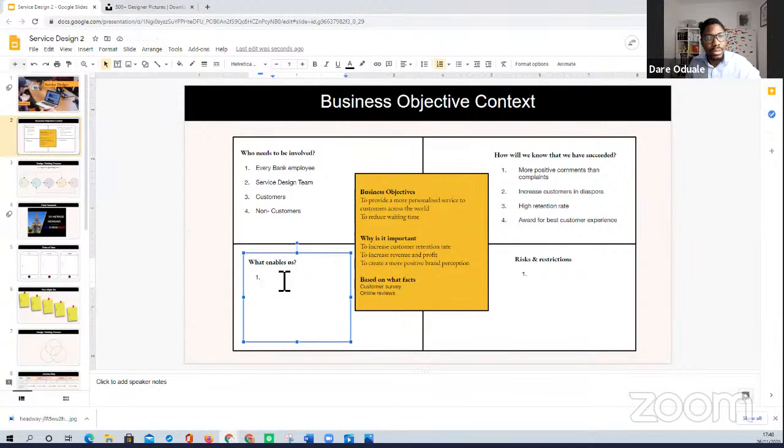So what enables us? What are the enablers? What are the things that are going to enable us to achieve this project, so to say, or this endeavor, to be able to deliver on this? Any thoughts here? What are the things we need to be able to achieve this?